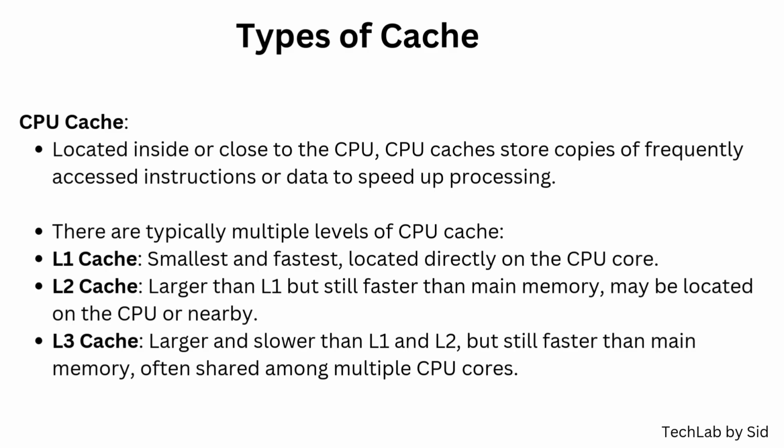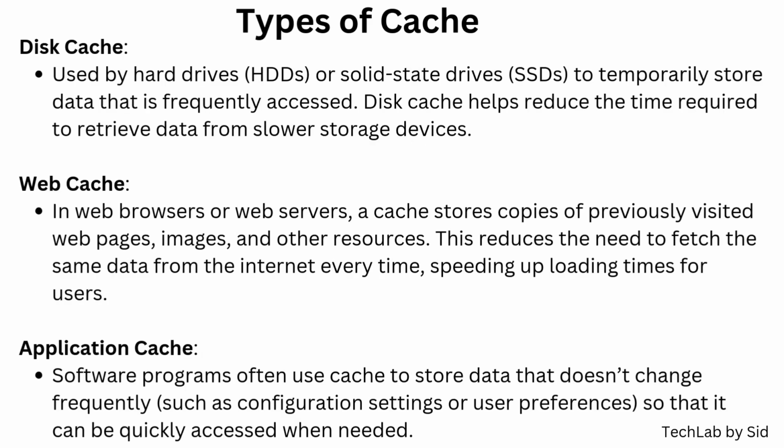Disk cache. Used by hard drives (HDDs) or solid-state drives (SSDs) to temporarily store data that is frequently accessed. Disk cache helps reduce the time required to retrieve data from slower storage devices. Web cache. In web browsers or web servers, a cache stores copies of previously visited web pages, images, and other resources.